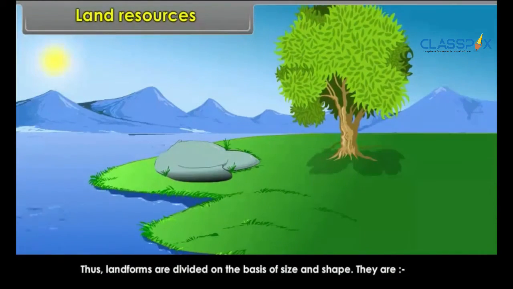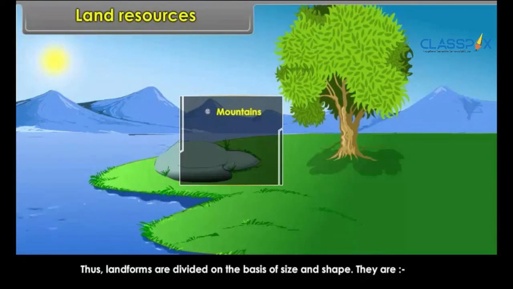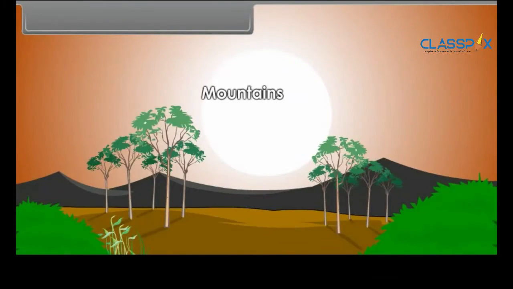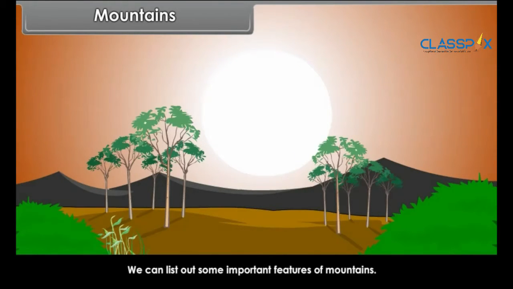Thus, landforms are divided on the basis of size and shape. They are mountains, plateaus and plains. Mountains. We can list out some important features of mountains.